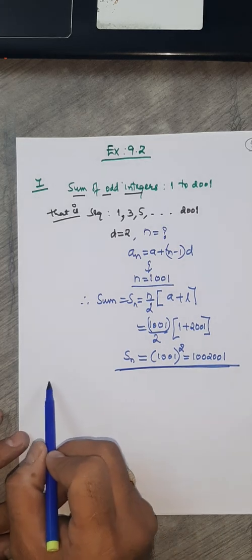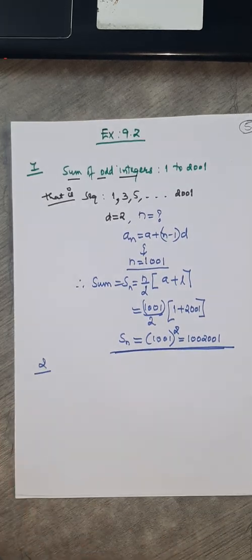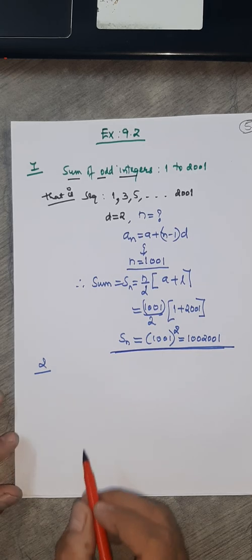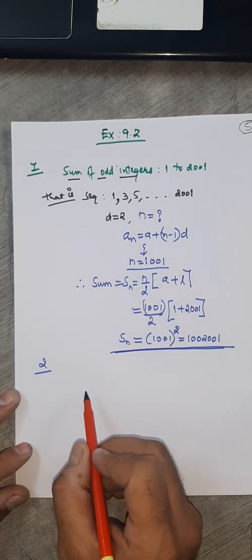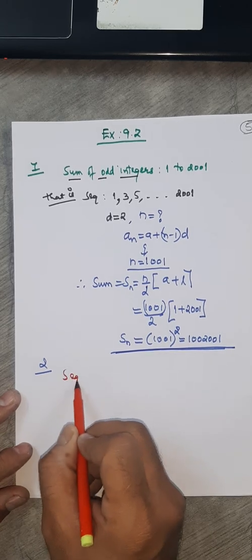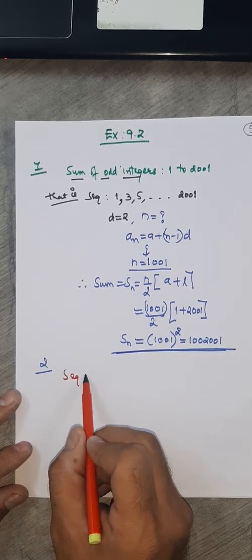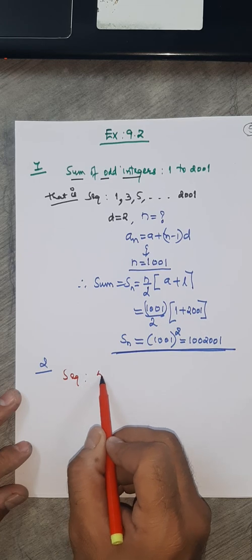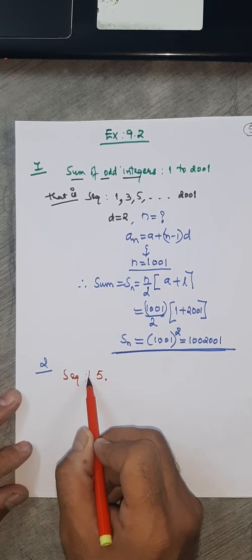Okay. Question number 2, the second question, is about the sum of all natural numbers lying between 100 and 1000 which are divisible by 5. So here the sequence is 105, 110, and so on.